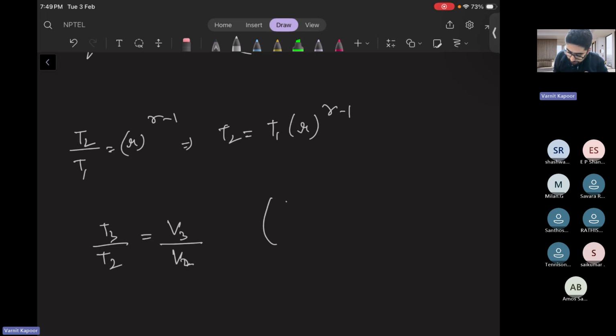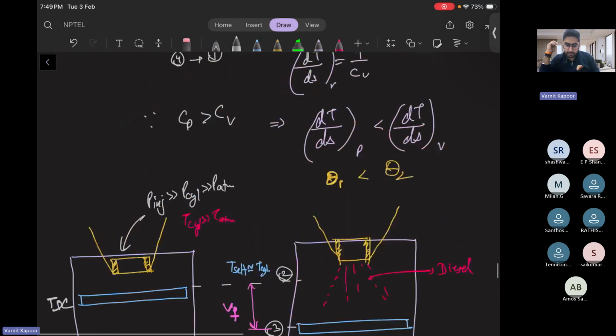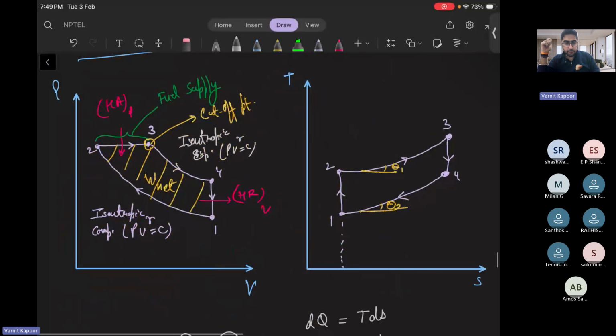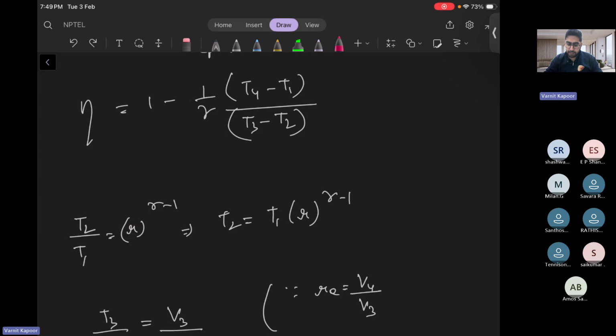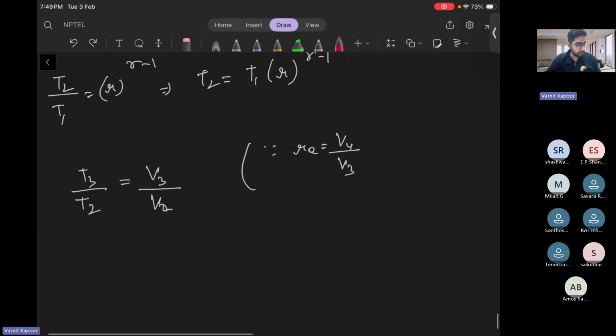So what will be V3 and V2? Let us see. Since we know that the expansion ratio is V4 by V3, higher to lower. If you see, expansion is happening from 3 to 4. So V4 is higher than V3. So it will be V4 by V3, the expansion ratio.